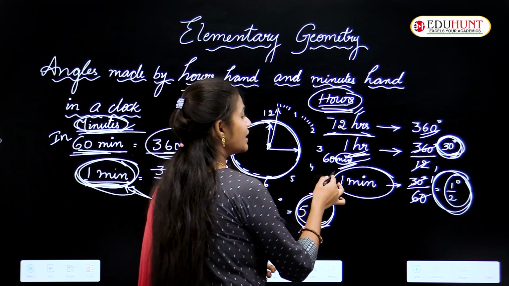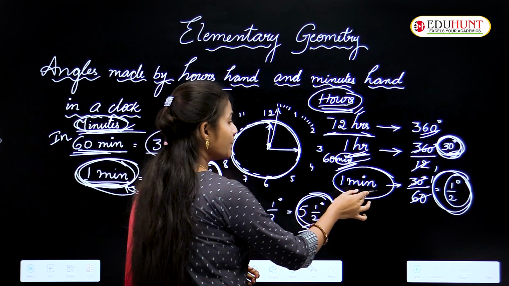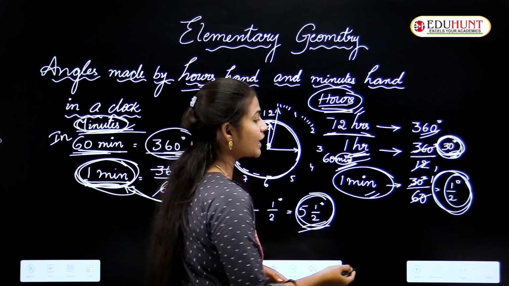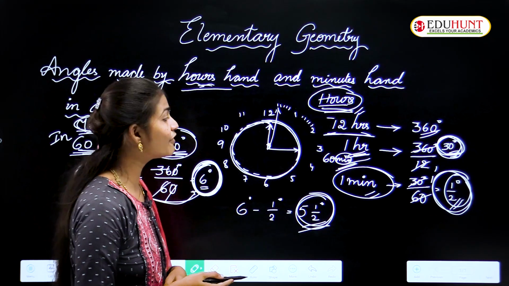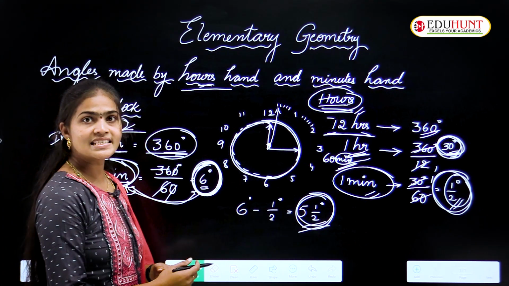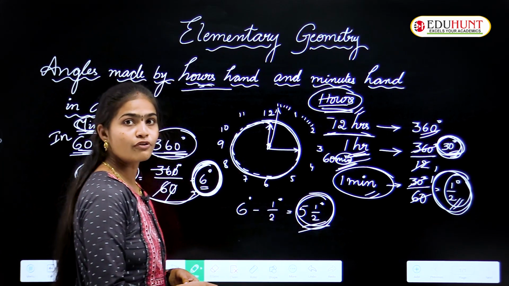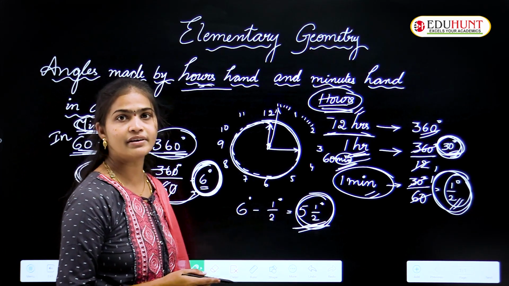So in 60 minutes, the hours hand completes 30 degrees. So in 1 minute, how much angle does it complete? That is half a degree. So the hours hand takes half a degree to complete 1 minute. So what is the difference between the angles formed by the minutes hand and the hours hand in 1 minute? That is 5.5 degrees.